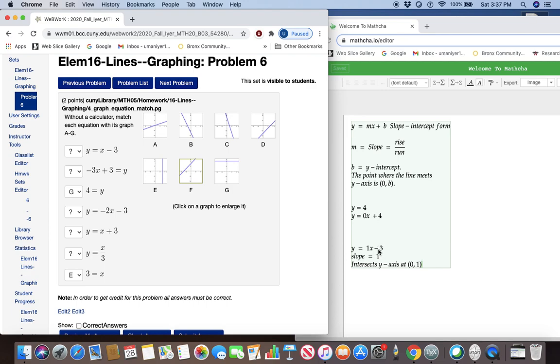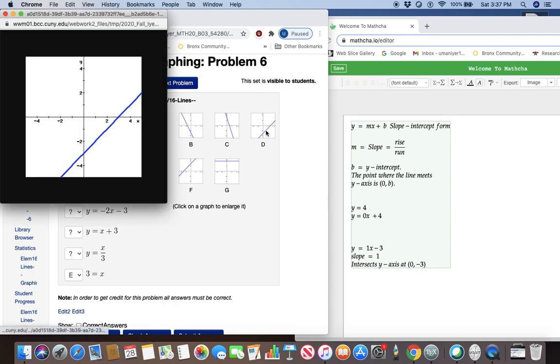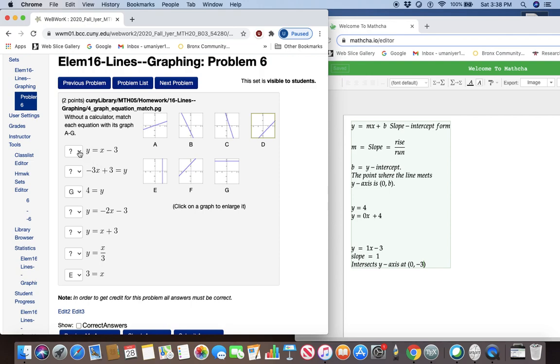Sorry, that's a negative 3. So it should be negative 3. Okay. Slope 1, y-intercept negative 3. So I need a rising line. There you go. Passing through negative 3 and slope 1. So that is D. Okay, so this is D.